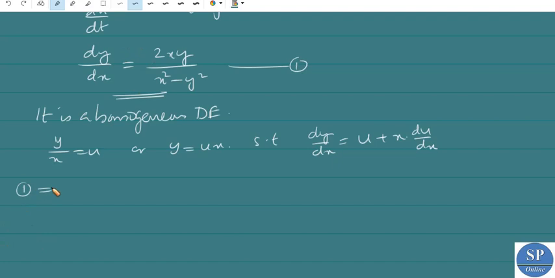So equation number 1 can be written as dy by dx equal to u plus x into du by dx, which is equal to 2 into x into y, that is 2 into x into y, where y is nothing but ux, divided by x square minus y square. X square minus y square is nothing but x square into 1 minus u square, because y is equal to ux.